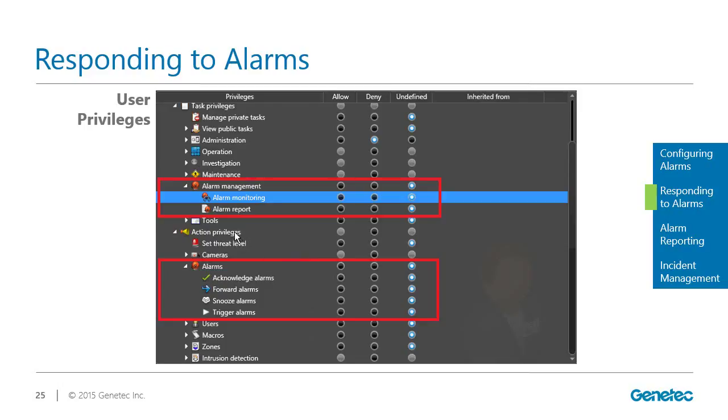And of course, under the actions, we do have our alarm section here, where we can specify whether we want them to be able to acknowledge alarms or forward alarms or snooze. Maybe we have a user and he's snoozing alarms all the time. It's like, well, okay, you're denied. We're not going to let you do that anymore. So you have some flexibility and some power here to set that up.